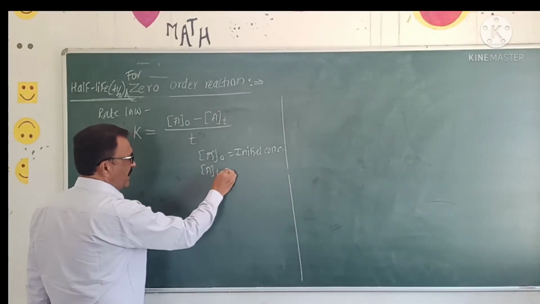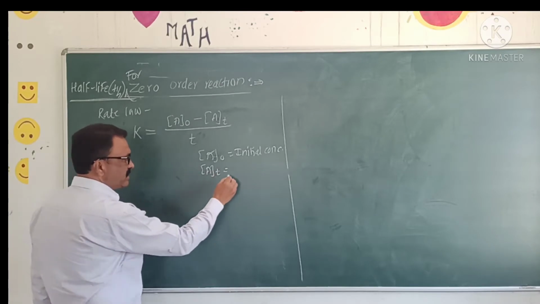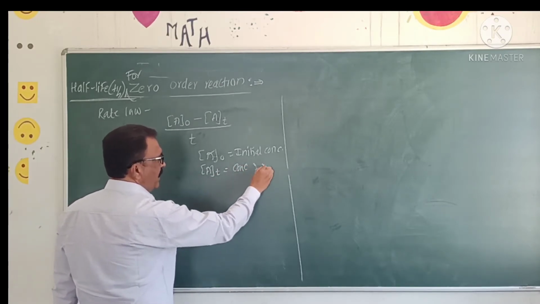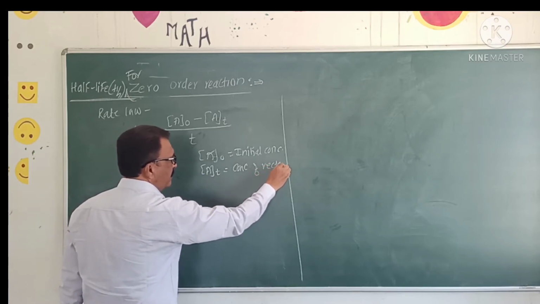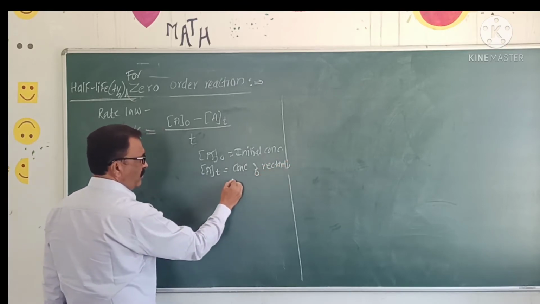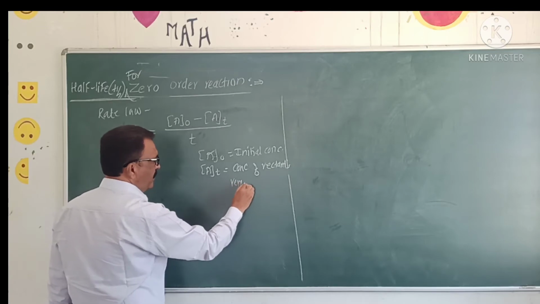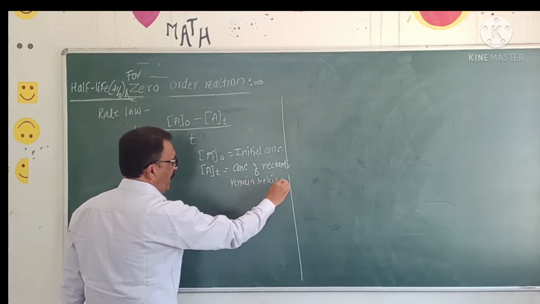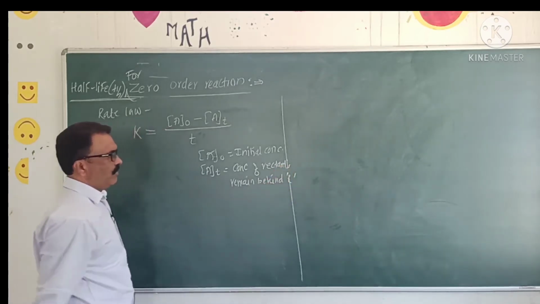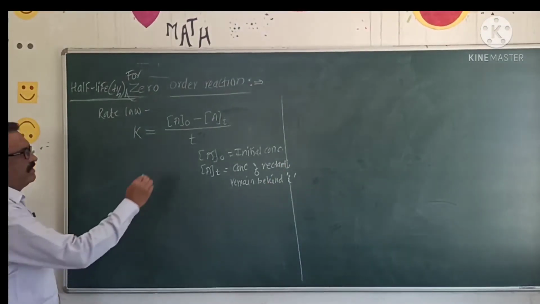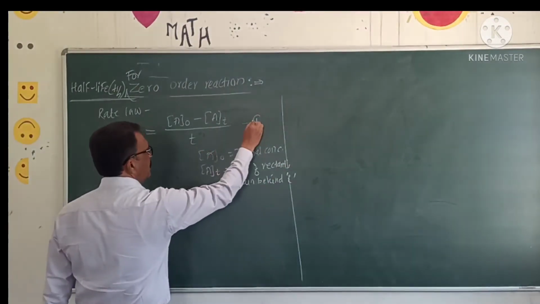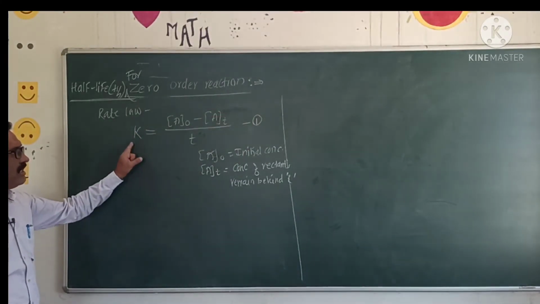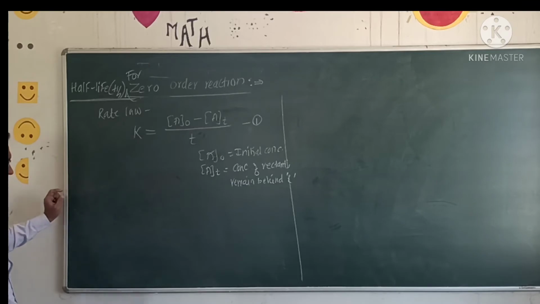At is the concentration of reactants remained behind at time equal to t. This is our required equation obtained from the integrated rate law for the zero order reaction.